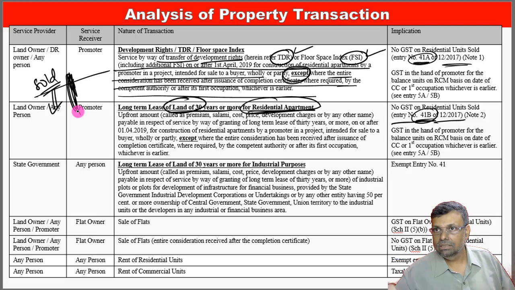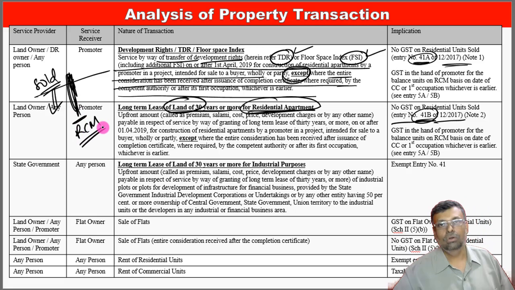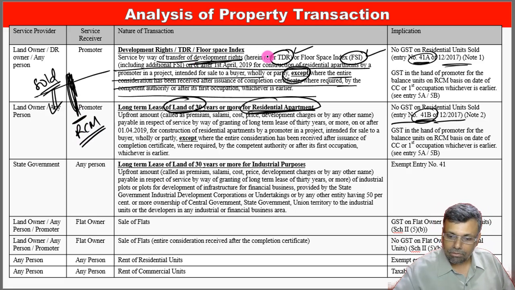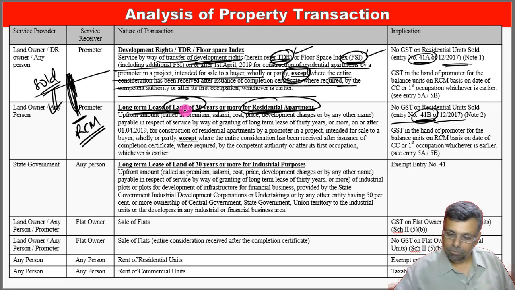Remember, this GST tax liability burden is only on the cutoff date, and that cutoff date is the completion certificate or first occupancy, whichever is earlier. So on this cutoff date, you will have RCM on these development rights, TDR, FSI, and the long-term lease of the land, to the extent, I repeat, to the extent of unsold inventory on that date, you will have a GST burden.